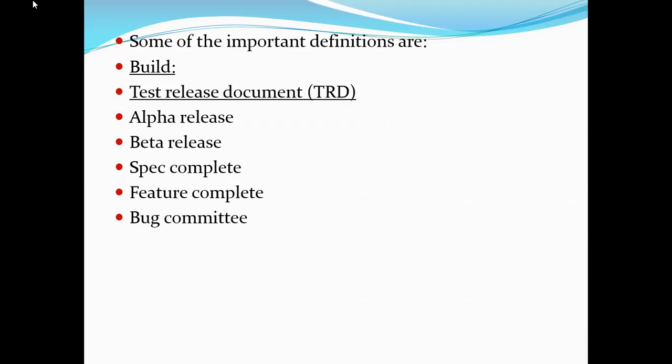Suppose you are going to change something in your product, so that will be discussed in the meeting first. These meetings may be there on daily basis or weekly basis.